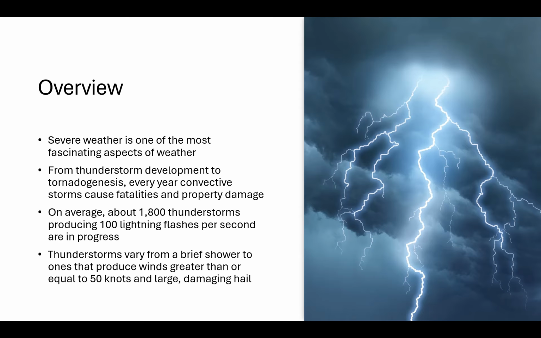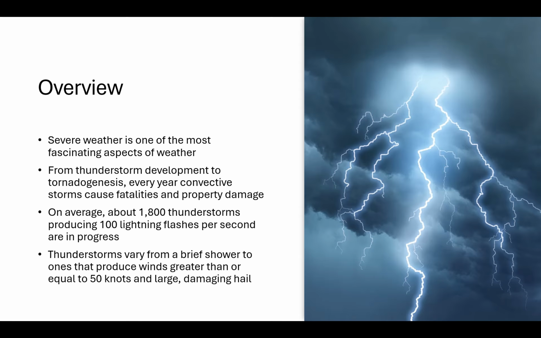So for the overview, one of the biggest overviews of severe weather in particular is it's one of the most fascinating aspects of weather. It really captures our attention. From thunderstorm development to tornado genesis, which is really a fancy way to say tornado development or formation, every year convective storms cause fatalities as well as property damage.